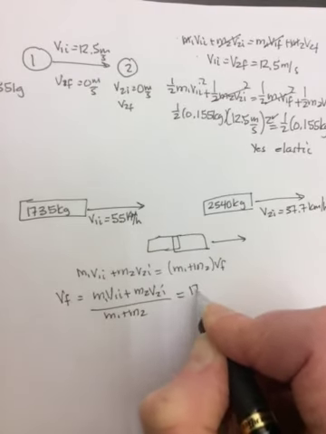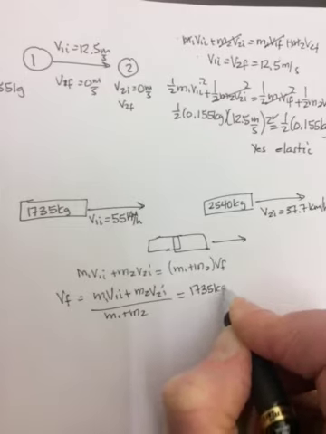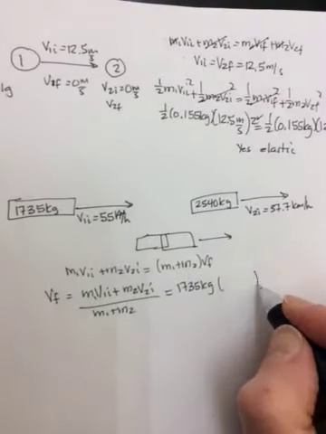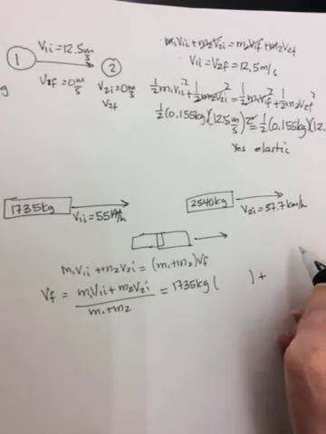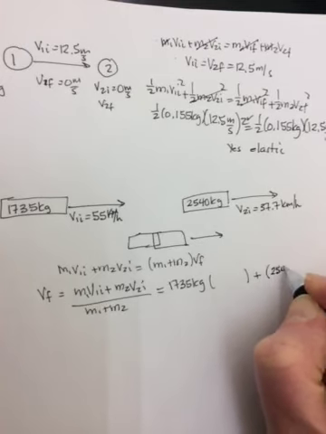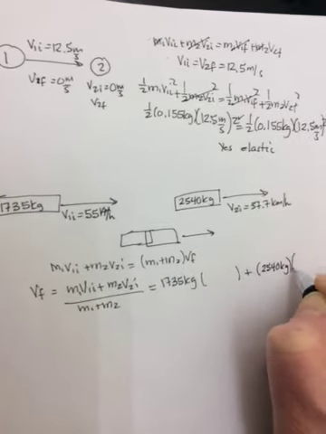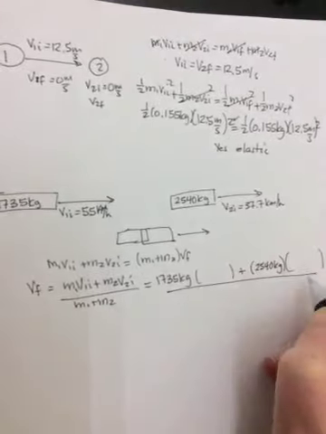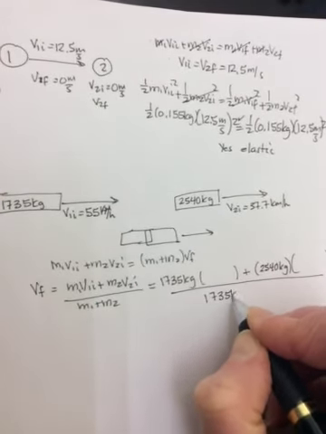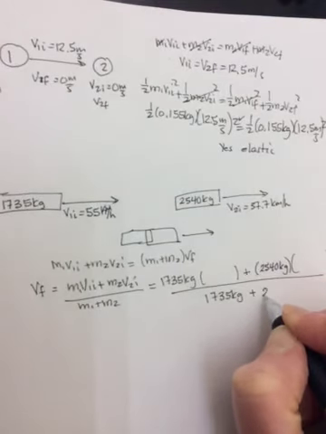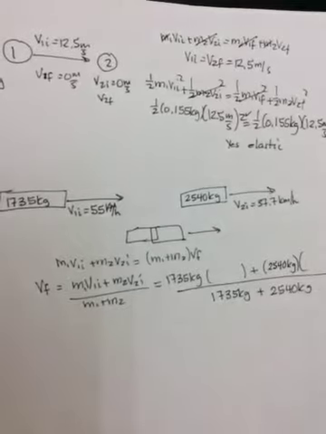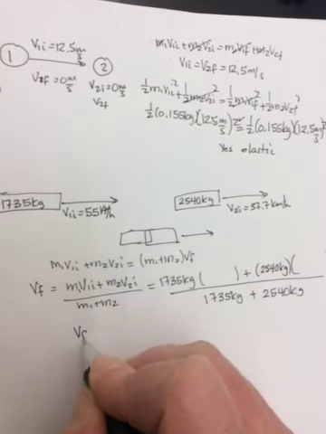So that equals 1735 kilograms times the speed, I need to find my calculator to do that, plus 2540 kilograms times, I'm going to run out of time, that's why I'm not going to stop and look at my calculator, over 1735 kilograms plus 2540 kilograms. Where did my calculator go? And you get a VF.